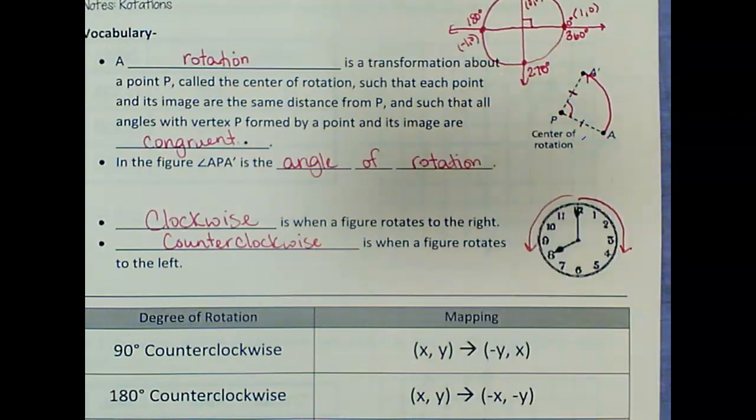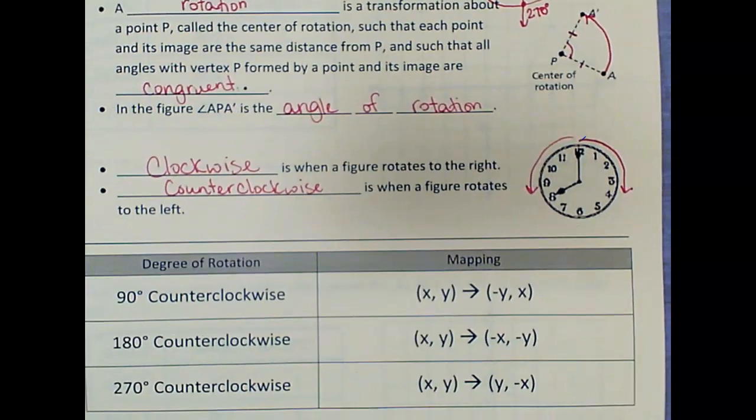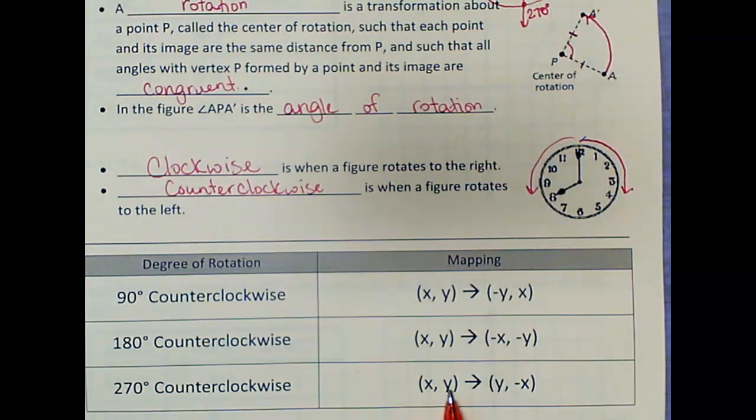So that checks out. And lastly, for a rotation of 270 degrees counterclockwise, it says that you take any point (x, y), switch the x and the y, and make the original x negative.